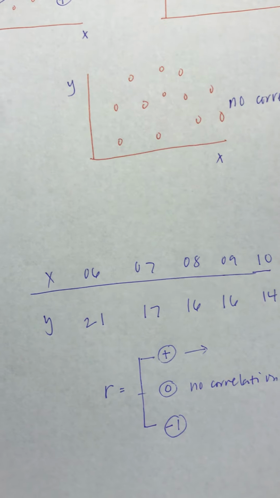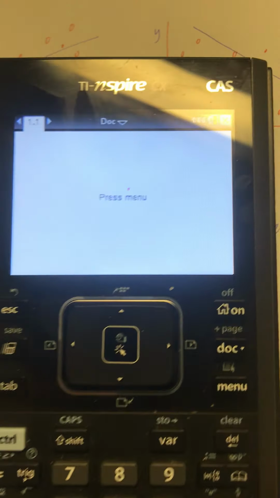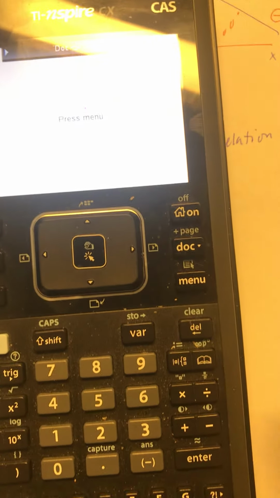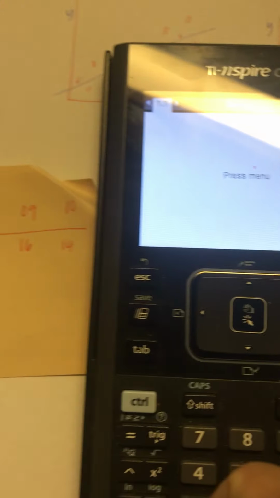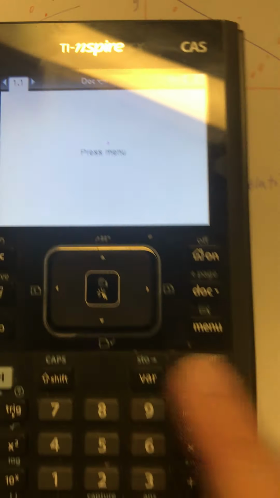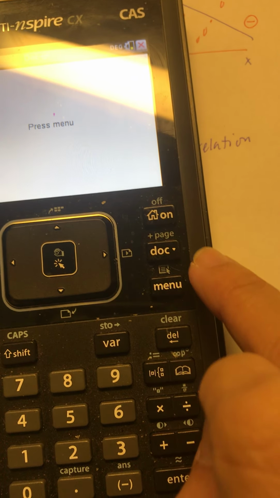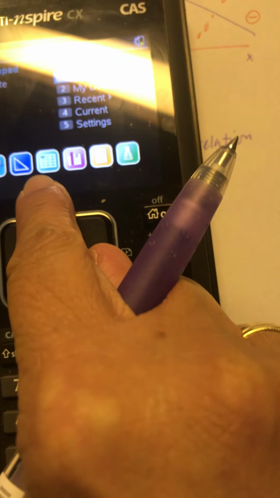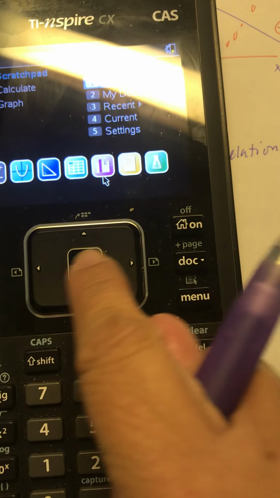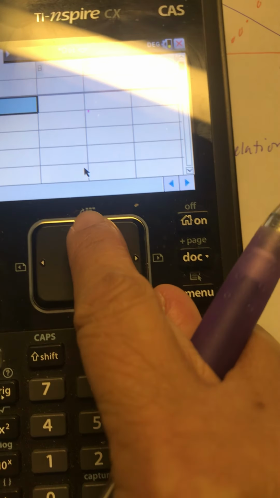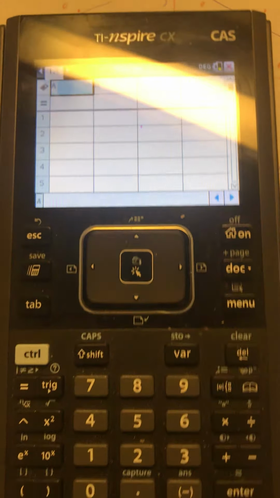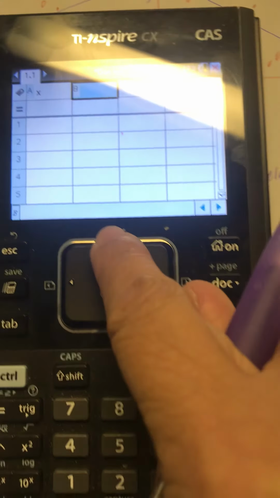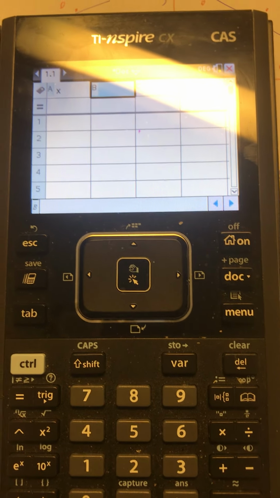Since it's an algebra class, we usually just plug the data into our calculator, right? Given this data, you go to the lists, which is that little icon. You go to the list and you plug in your x and your y.